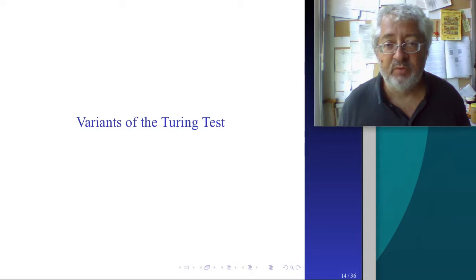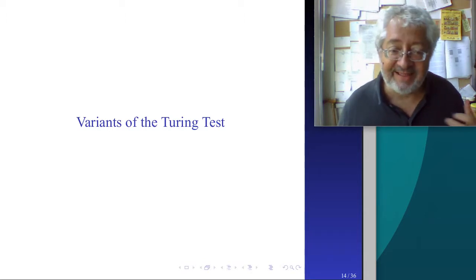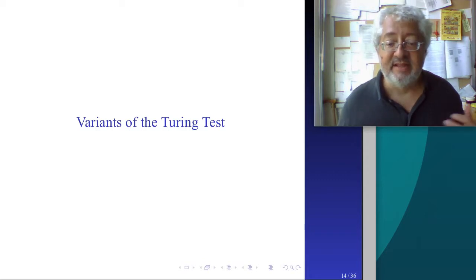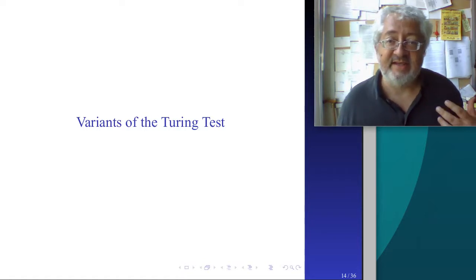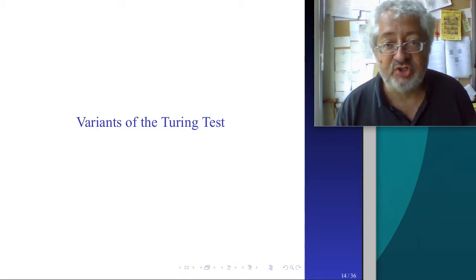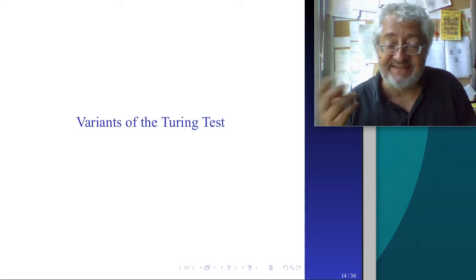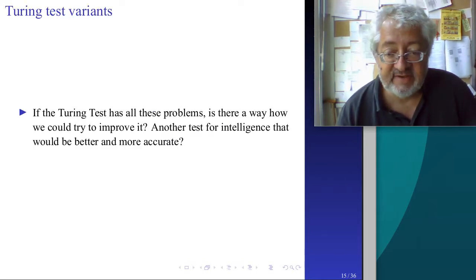Therefore, we want to see what other possibilities are there. What other tests could we imagine that would tell us whether a machine can actually think, and a test that can be used as a thinking test in order to define machine intelligence or to detect it. So this is what we will do next, variants of the Turing test.